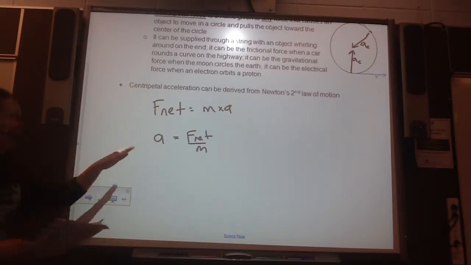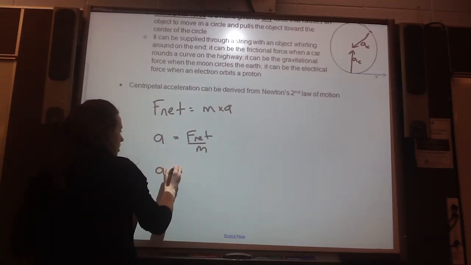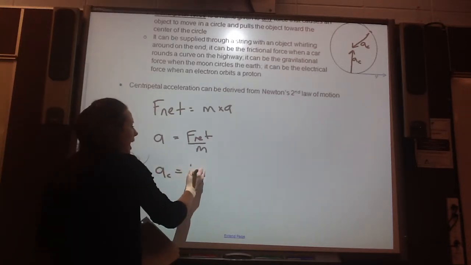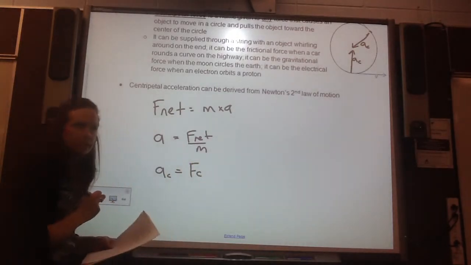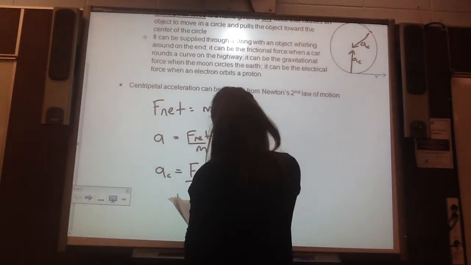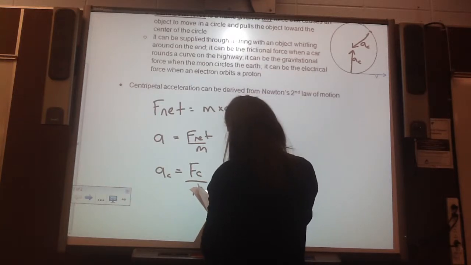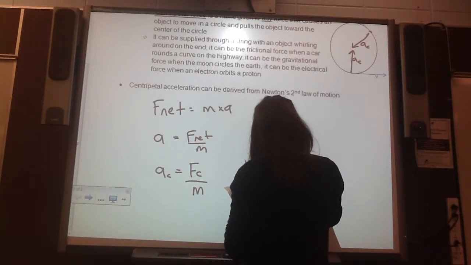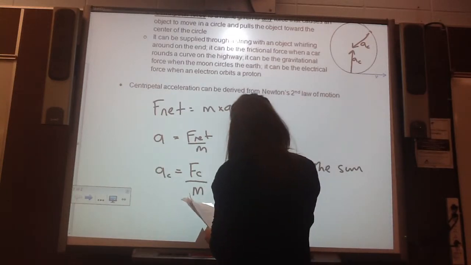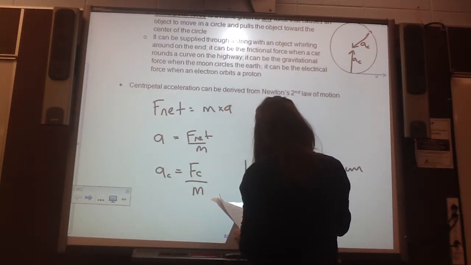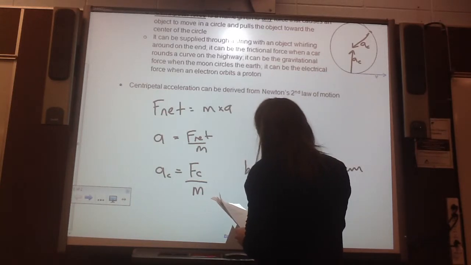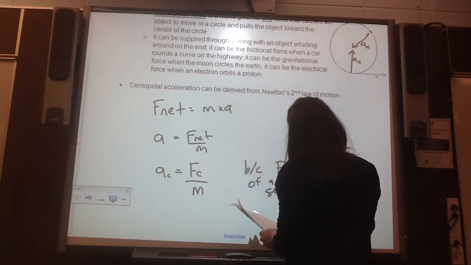So a_c is equal to F_c over m, and I set F_c to F net because F_c is the sum of all the center seeking forces.